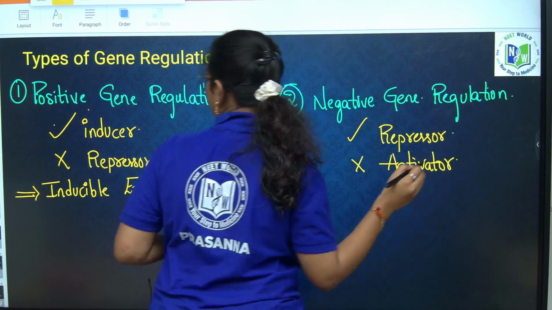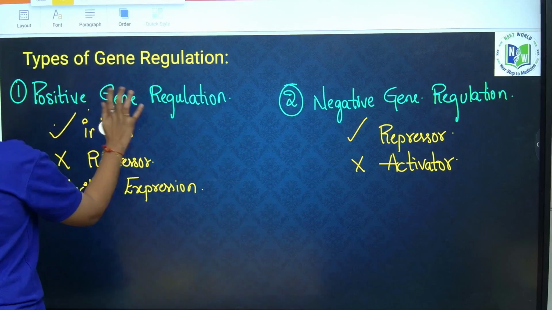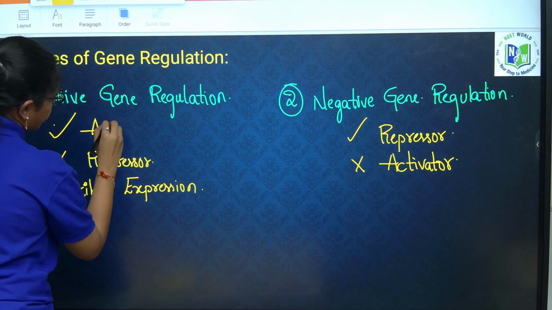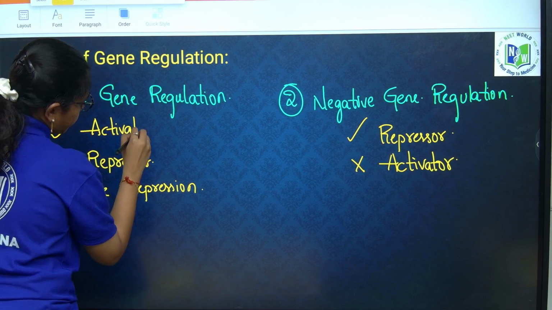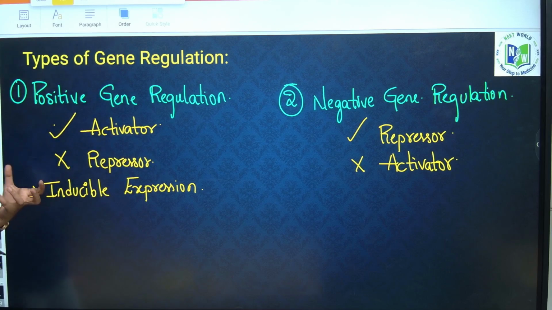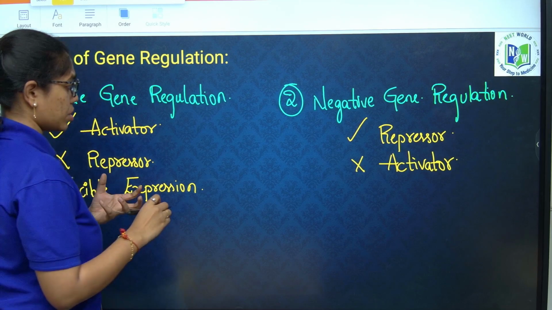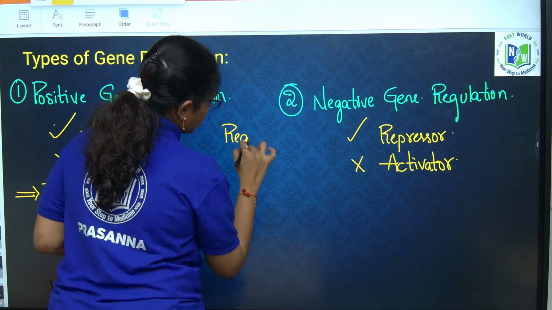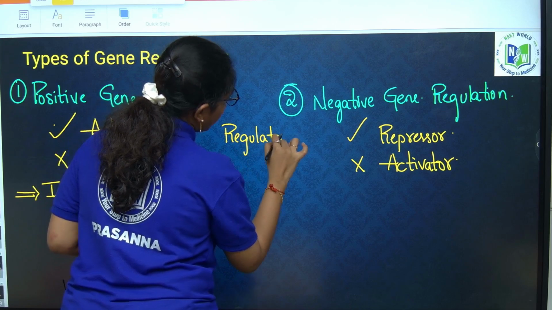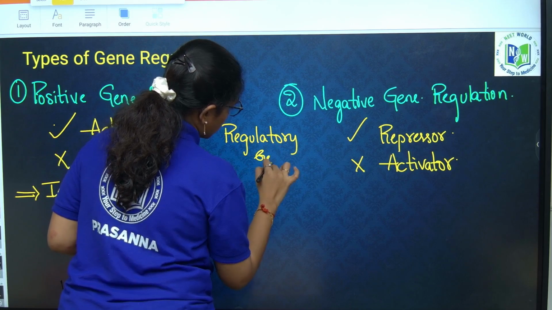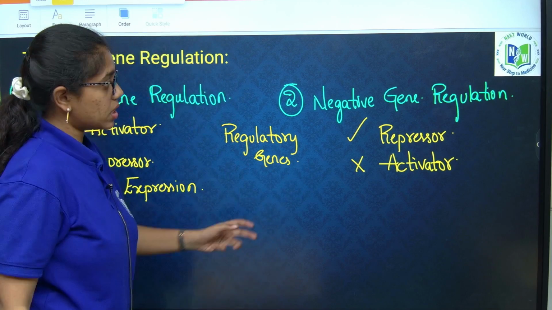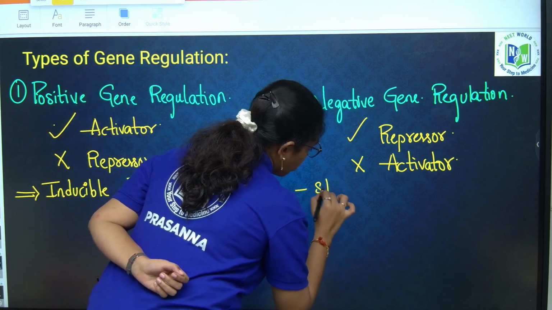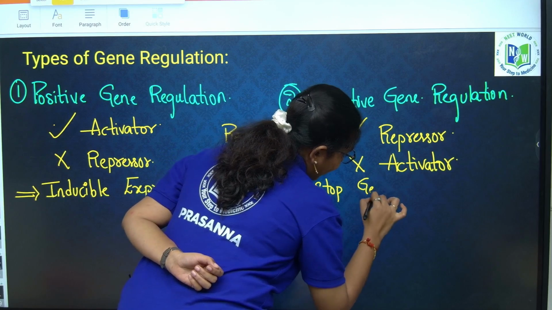Here also you can take that term as activator. So from where are these repressors and activators released? They are released from regulatory genes.